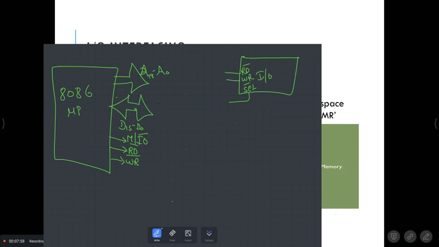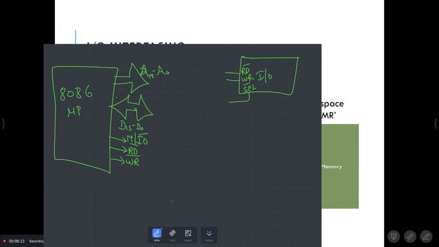Assume that this IO does both read and write. If this IO is a temperature sensor, then it is only trying to read the data. If this IO is a 7-segment LED, the microprocessor is writing the data.